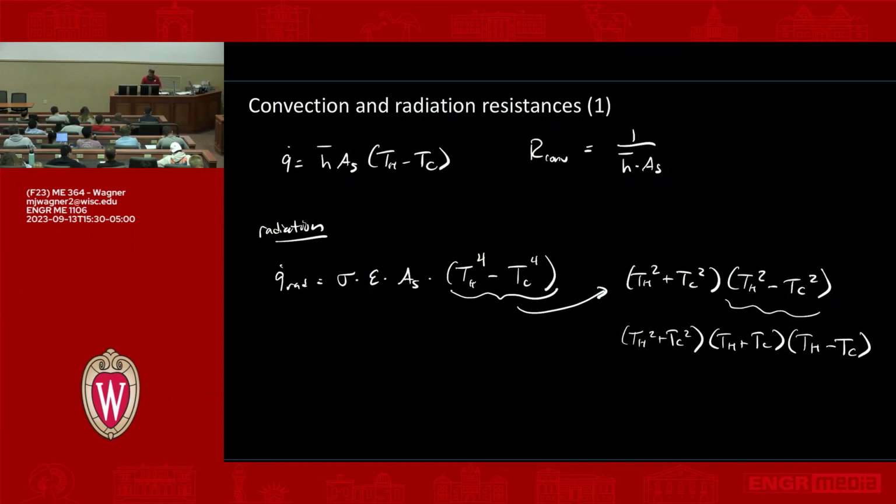All right, so let me rewrite this all out here. Q dot radiation is equal to sigma epsilon A_s times that whole thing.